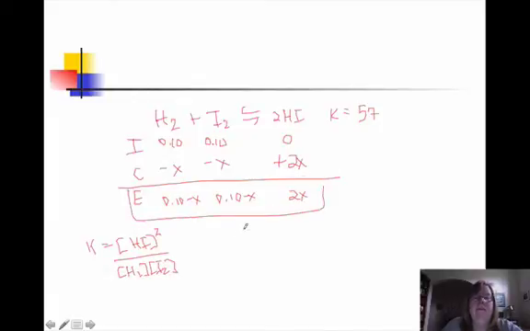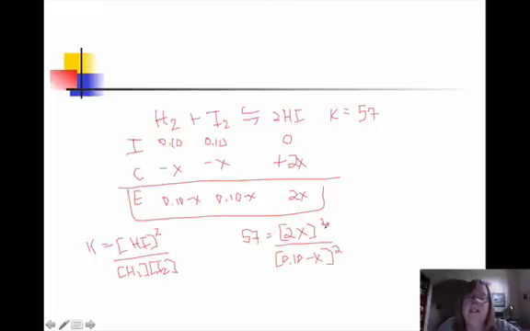So K, 57, is equal to (2X) squared divided by 0.10 minus X times 0.1 minus X. So I'm just going to say (0.1 minus X) squared.